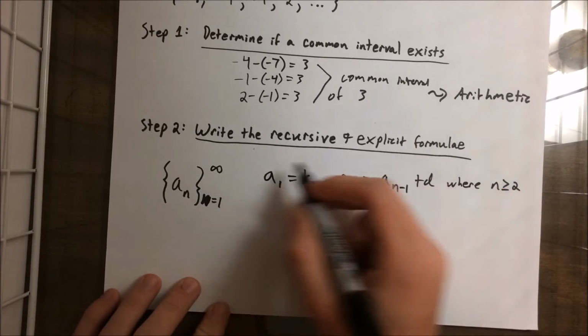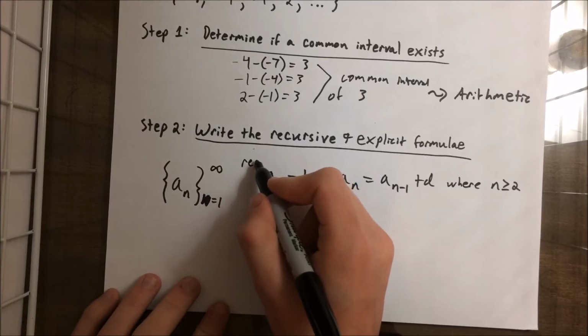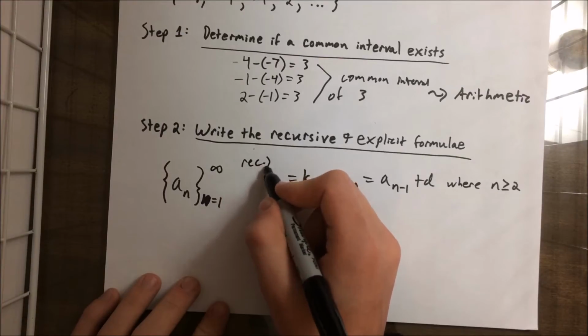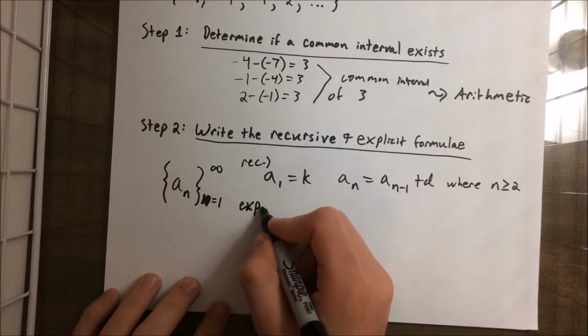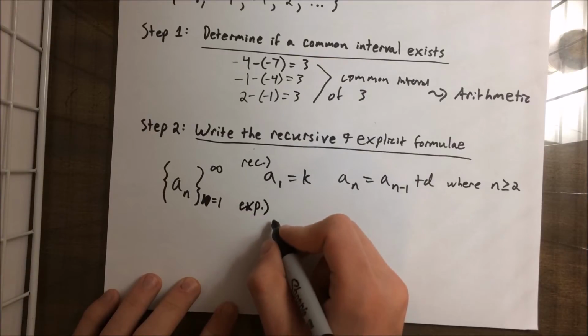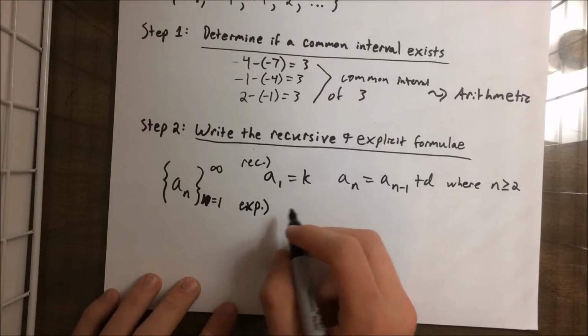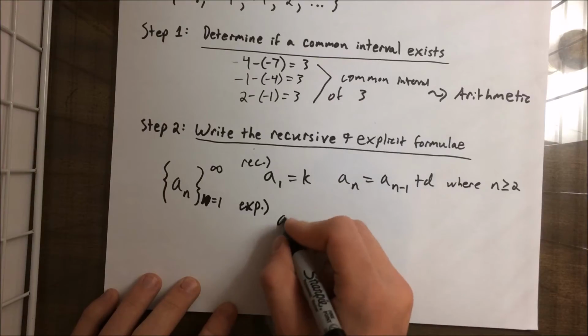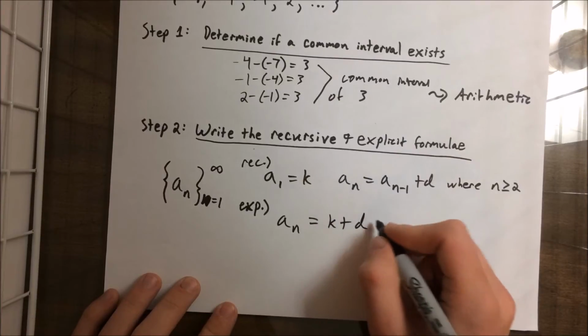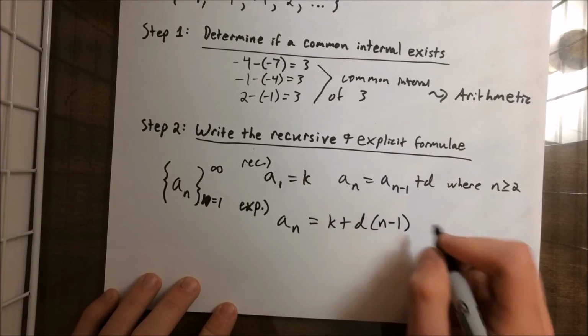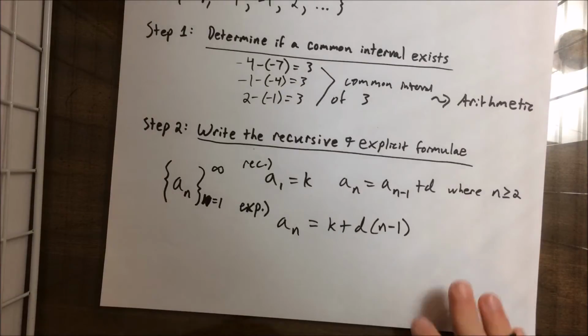So this is recursive. This next one is the explicit. So the explicit formula is a sub n is equal to k plus d times n minus 1.